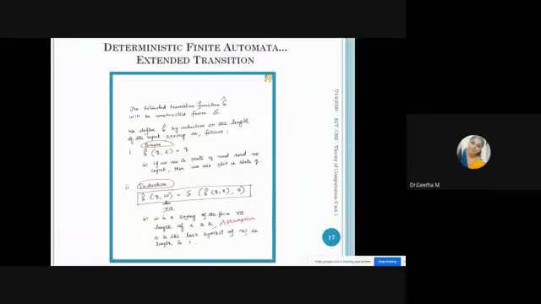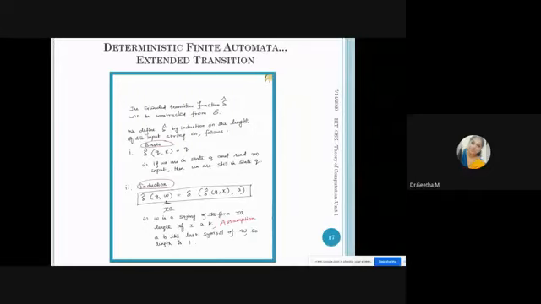Again, we want to use mathematical induction. That is why we have seen mathematical induction in TOC. So what are the steps we have to follow for mathematical induction proofs? We follow two steps: one is basis, another is induction. For the basis, you consider the least element and prove that the given statement is true.